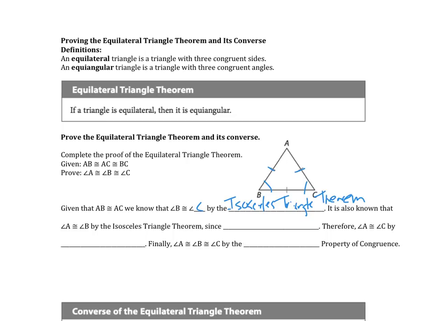And also known that angle A is congruent to angle B by the isosceles triangle theorem, since we can state that AC is congruent to BC.